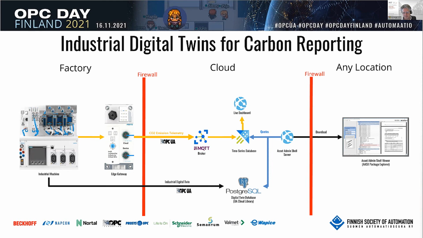So we would have to create a mechanism where we can extract the power consumption from the OPC UA server and calculate from that the CO2 footprint, based on the energy provider and what kind of power plants that particular provider runs for your production facility.